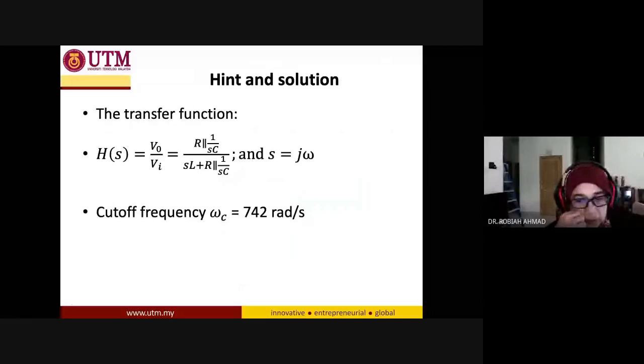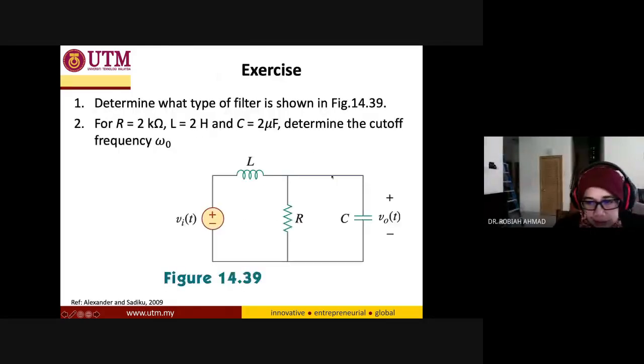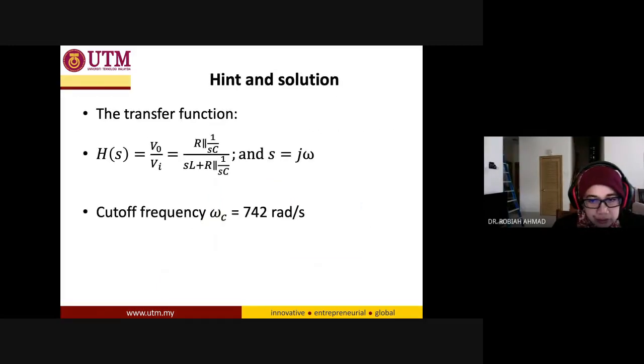It gives us here the cutoff frequency is 242 radian per second, and later on, please convert it into hertz. So you have to do the transfer function, output over input. In this case, you have to solve this first, and then get the transfer function.